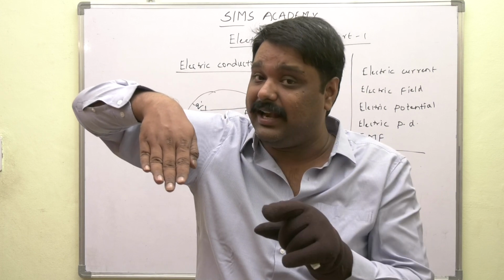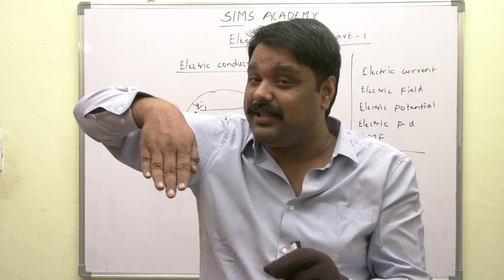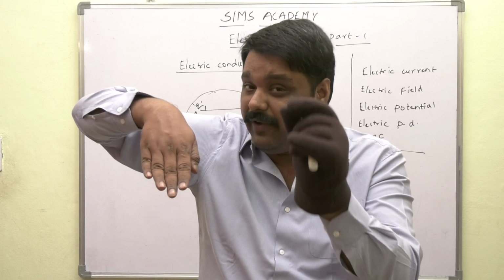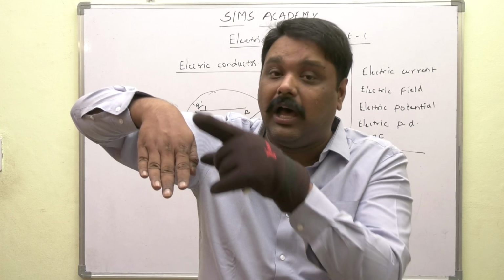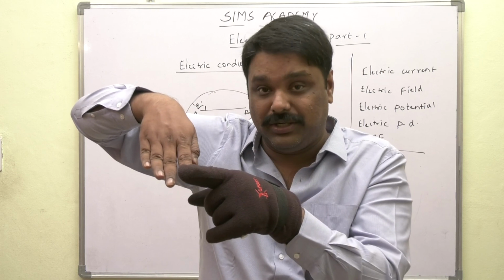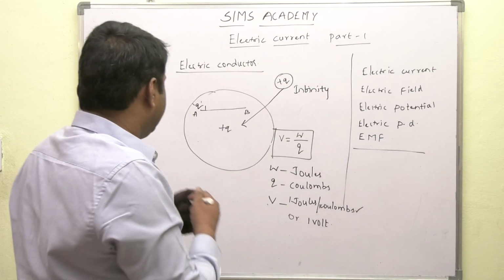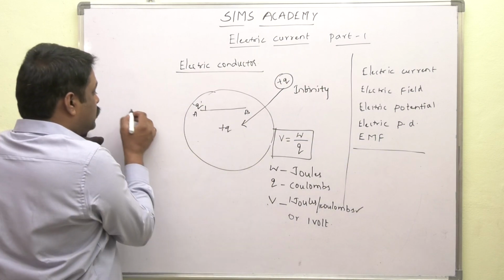When does the electric current be present in the circuit, in a conductor? Whenever there is difference between the potentials at the 2 ends of the conductor. If the conductor is like this, no charge flows.